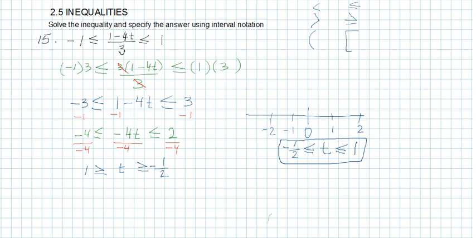So in this case we have greater than or equal, and 1/2 is less than or equal. So in interval notation, I would put a bracket and then negative 1/2 because that's included, and then 1, and also the 1 is included. So I'm going to use brackets. And that's it. Basically, these two are my answers.